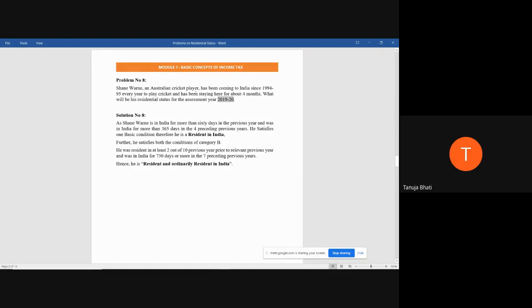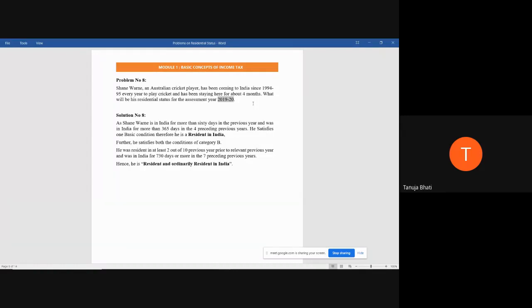Since 1994-95, he is staying for 4 months. That means in 2018-19 also he has stayed in India for 4 months. Now 4 months means how many days? So let us take one month as 31, the other month as 30, and 31, then 30. So when you add 31 plus 30 plus 31 plus 30, his stay in the previous year is only 122 days.